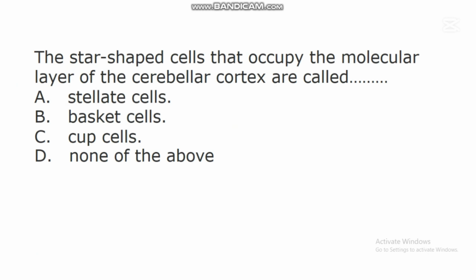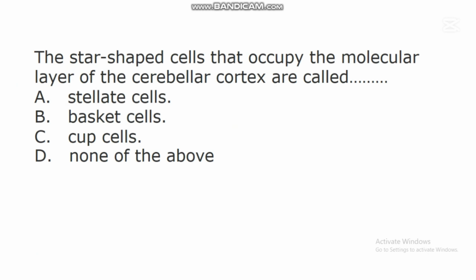The next question says, the star-shaped cells that occupy the molecular layer of the cerebellar cortex are called dash. A. Stellate cells. B. Basket cells. C. Corpus cells. D. None of the above.